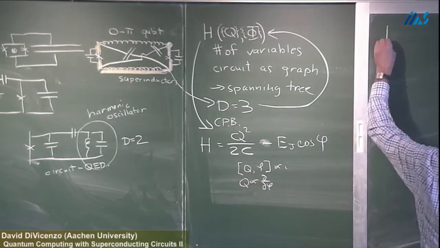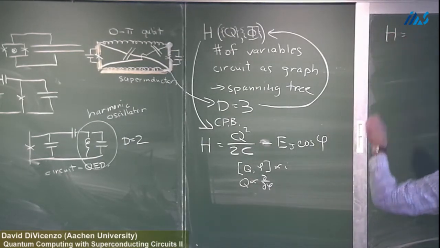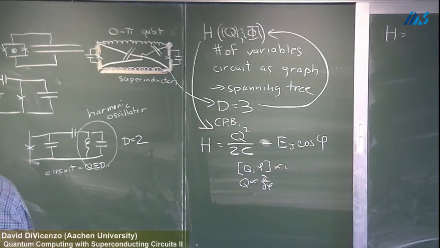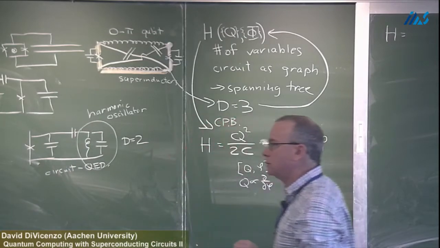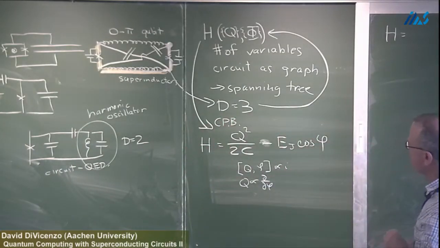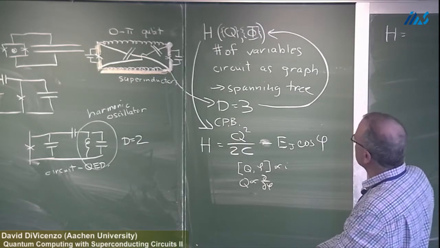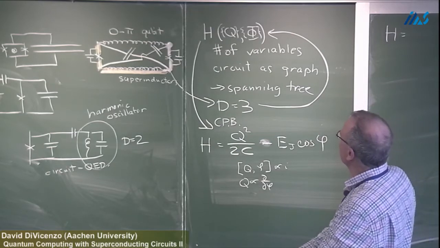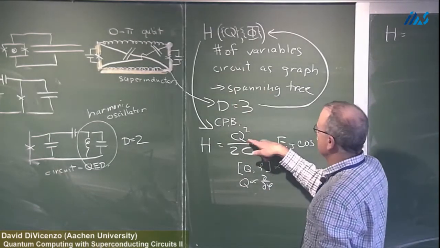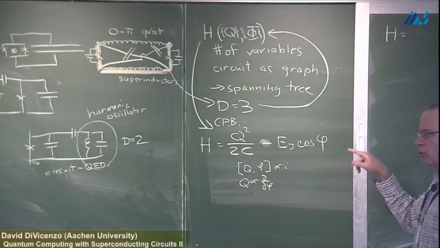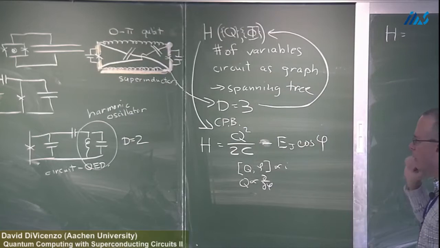Q is kind of a momentum. Why is it a conjugate variable? This mainly will show my weakness of mechanics. But you recall the Lagrangian. You had a term which was phi dot squared in the Lagrangian formulation. Now this is where you have to remember your mechanics.